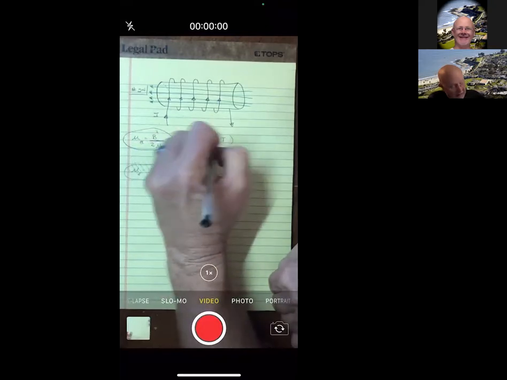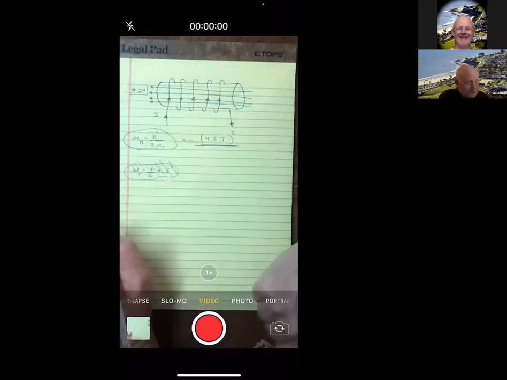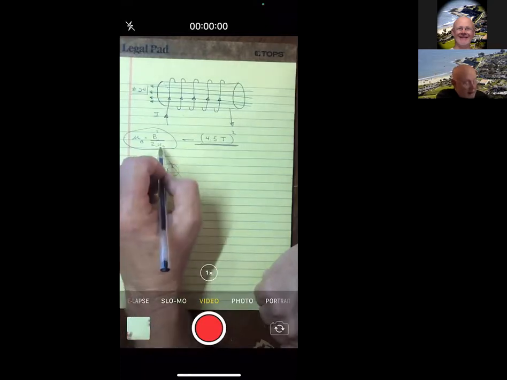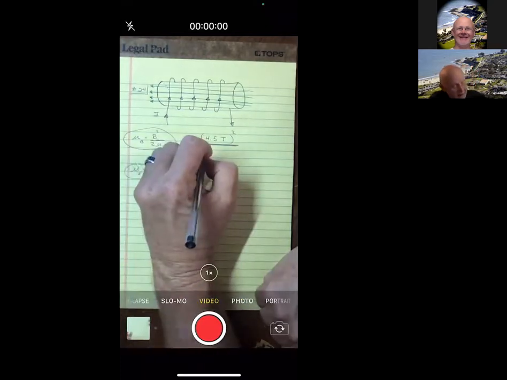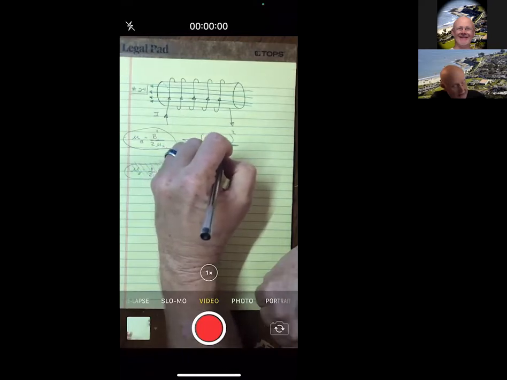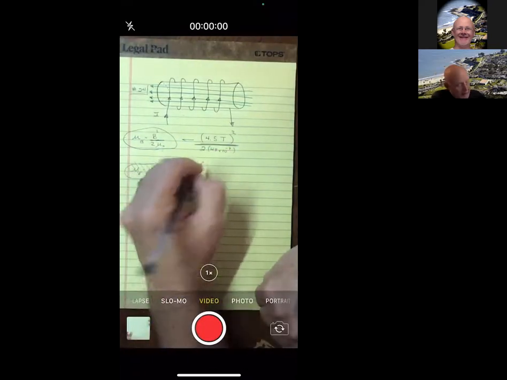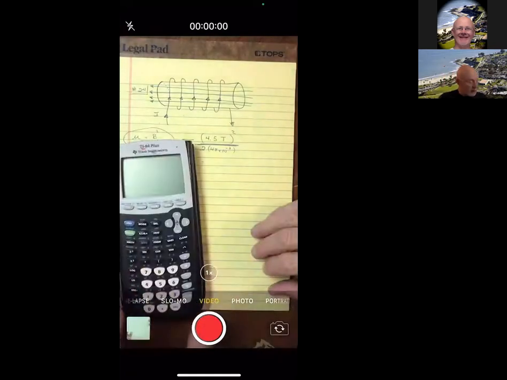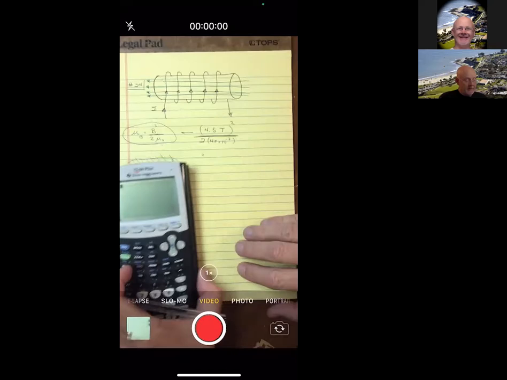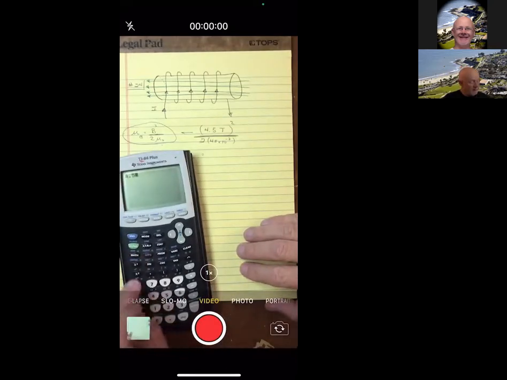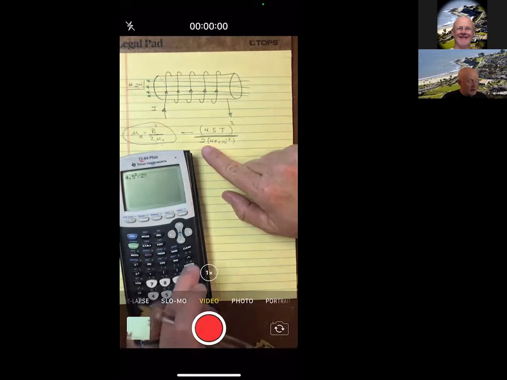4.5 Tesla squared. And then the permeability of free space is that 4 pi times 10 to the negative 7. So if we put in some numbers here, we will get 4.5 squared. I'll divide that by a 2.